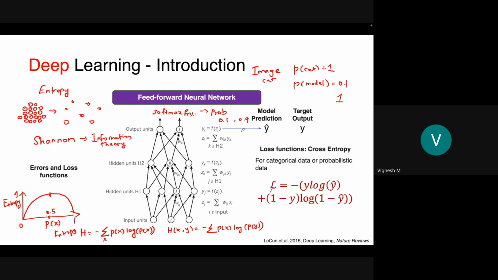There are certain parameters. I'm not going into the mechanics of it, but the intuition is that if this is what the model predicts and you compare it with what the actual thing is, then the loss either becomes higher or lower depending upon the model performance. And now you have another way to compute how far away the network is from the target.